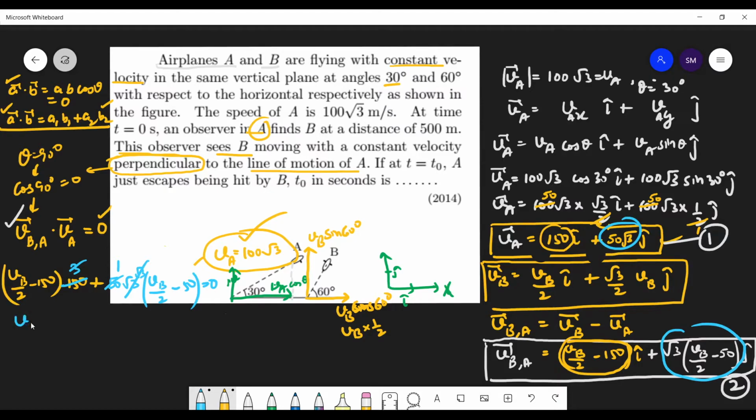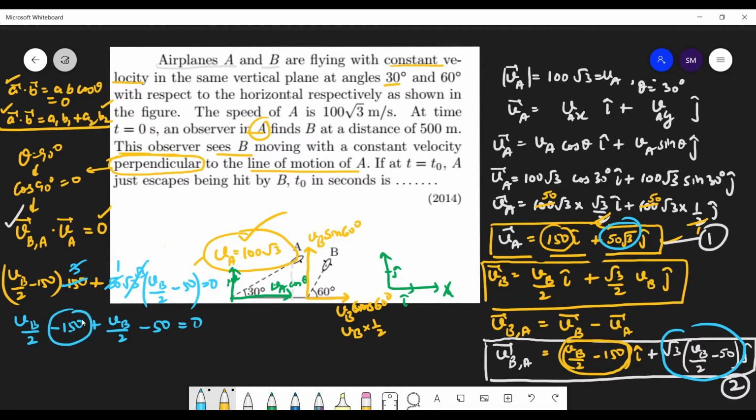So now you are left with VB by 2 minus 150 plus VB by 2 minus 50 equals 0.